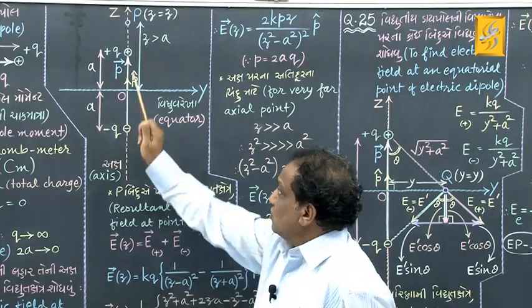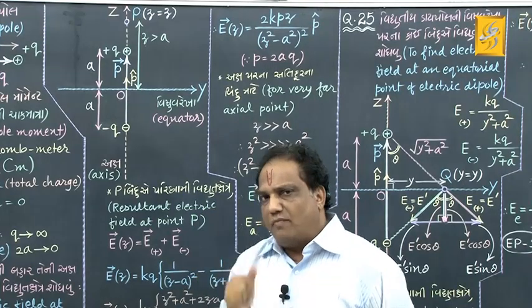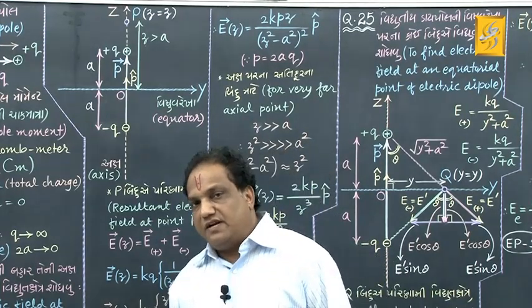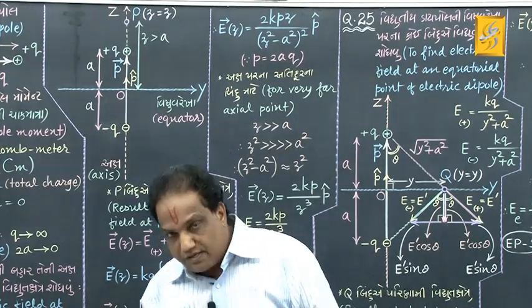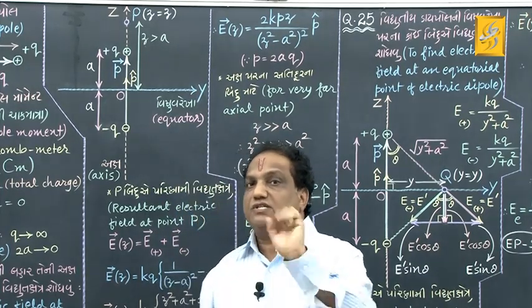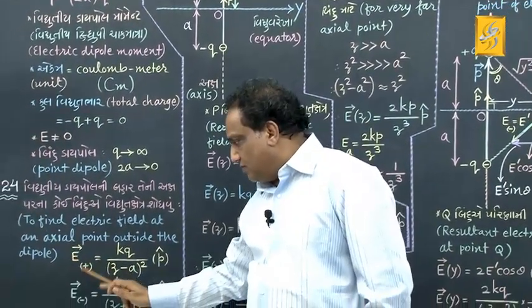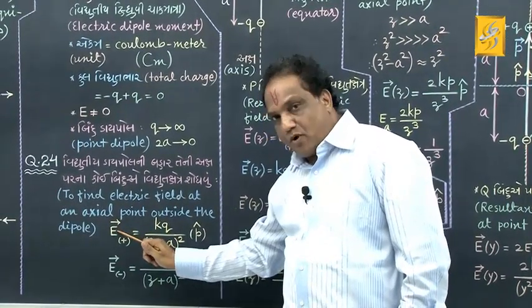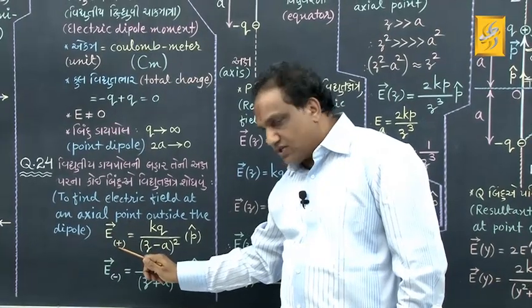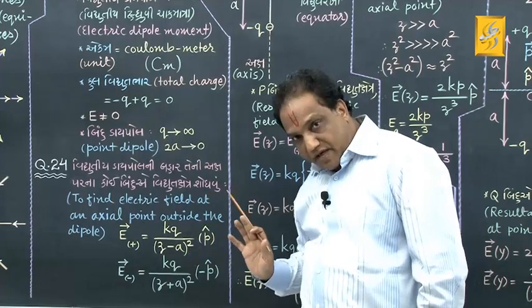As far as this positive charge is concerned, it is a point charge, and for a point charge, don't you know the electric field is kq upon r square? In words, k into charge upon distance square. Look here, this is vector E positive, that is the electric field at point P due to the positive charge. As I said, it is k into charge upon distance square.